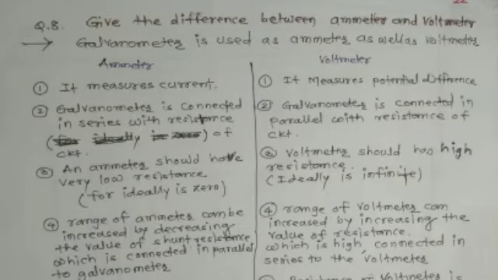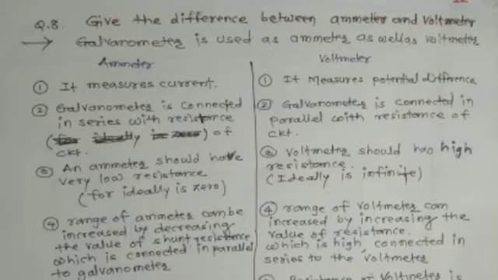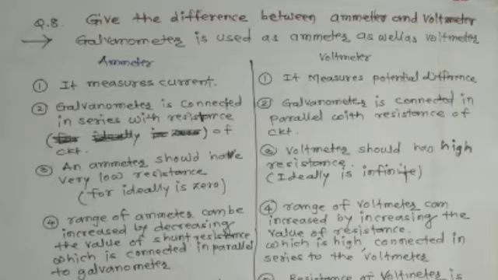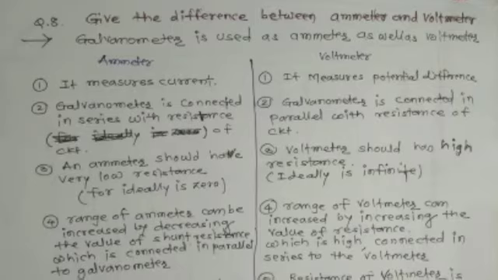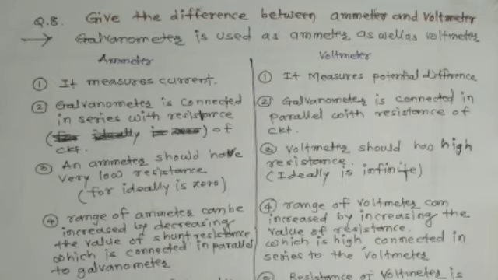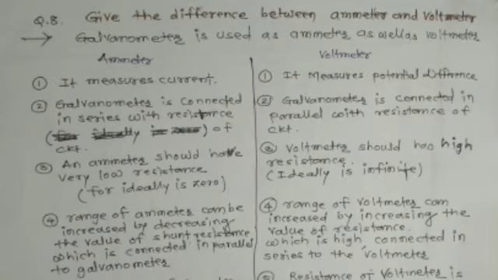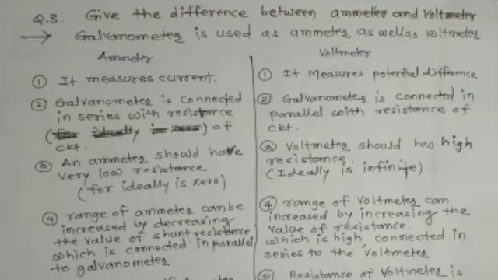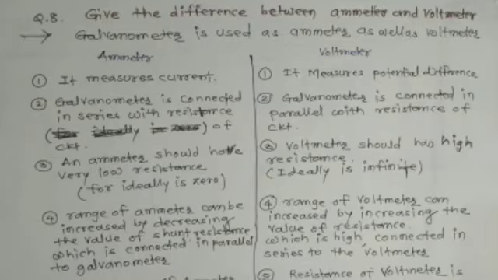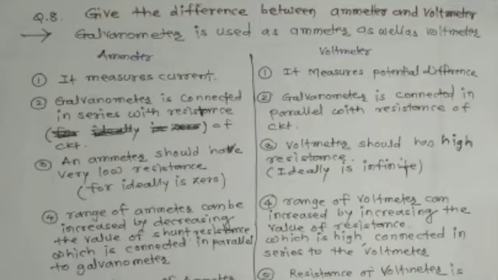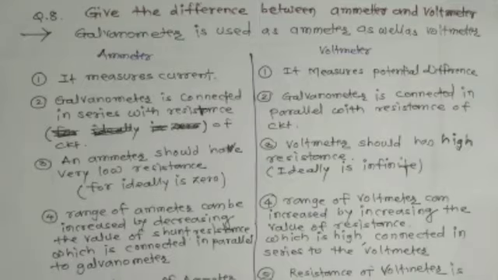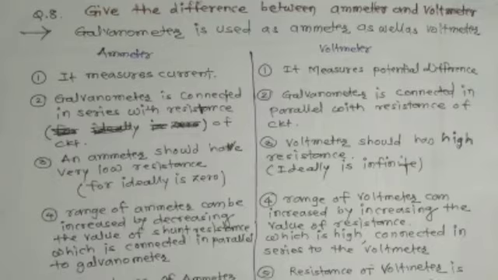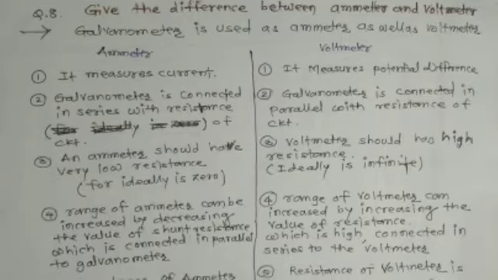First point: an ammeter measures the current, whereas a voltmeter measures the potential difference. Number 2, in an ammeter, the galvanometer is connected in series with the resistance of the circuit. In a voltmeter, the galvanometer is connected in parallel with the resistance of the circuit.